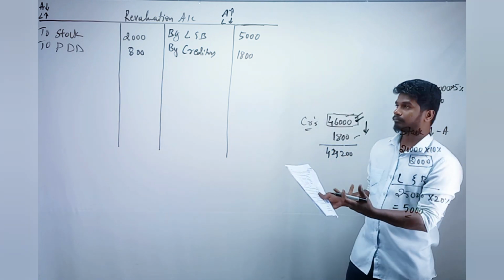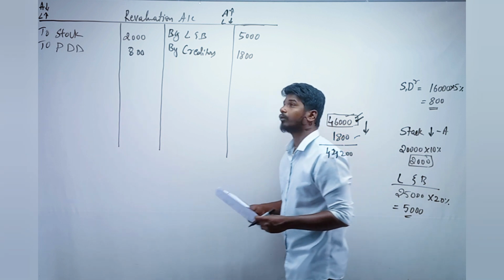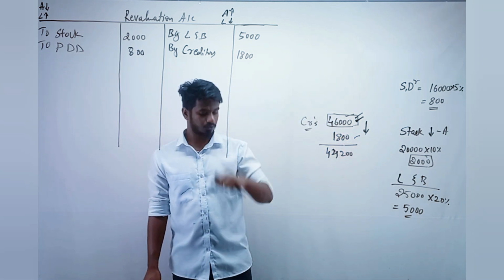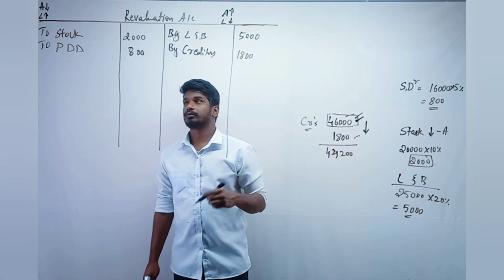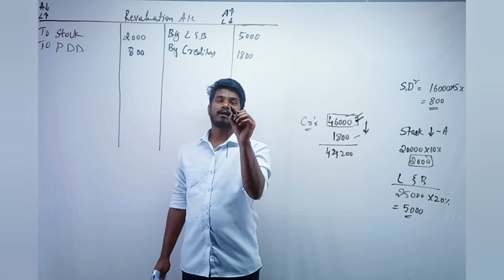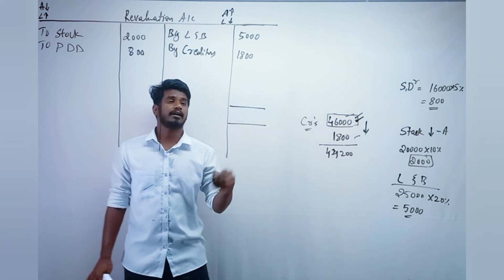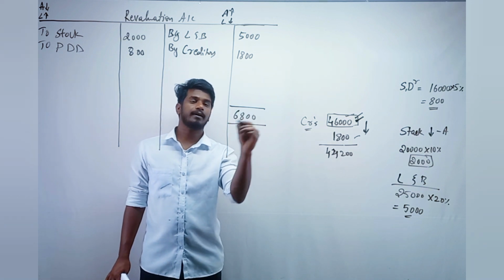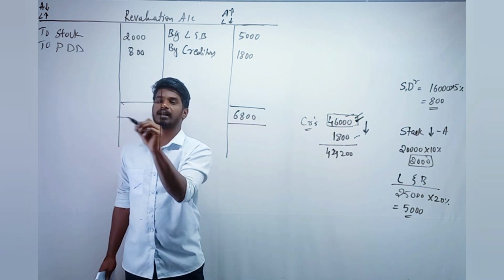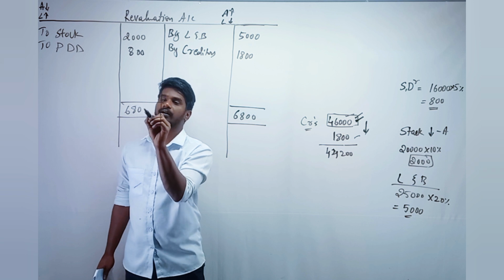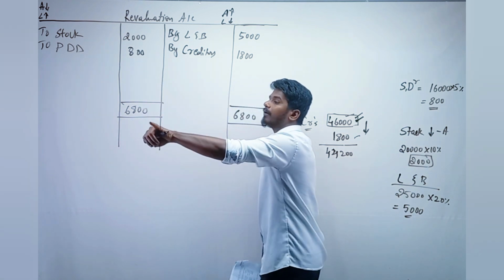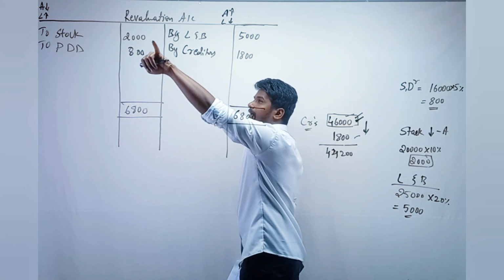So that's it. The adjustments are over. Let us total it. How much is it? 6,800. Here also the same balance will be 6,800. Then from this amount you should subtract these two.